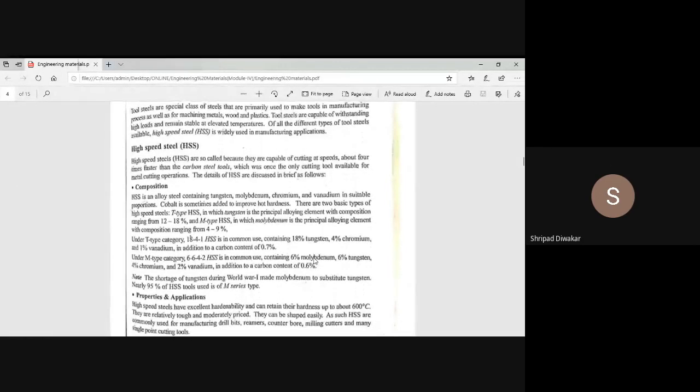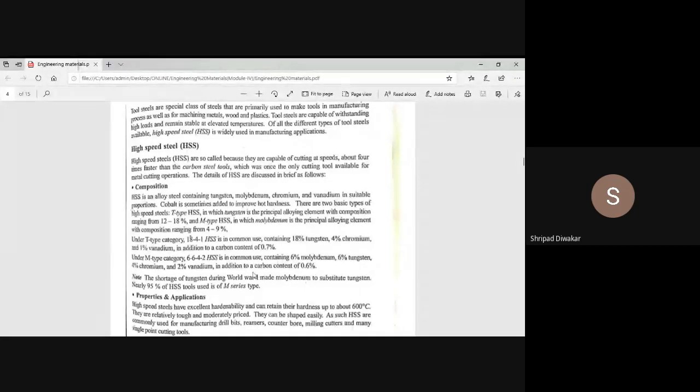The first one is high speed steel, or HSS. It is capable of cutting at very high speed, about 4 to 5 times faster than carbon steel tools. Carbon steel tools are also there, but for machining of components we prefer high speed steel because of its properties.